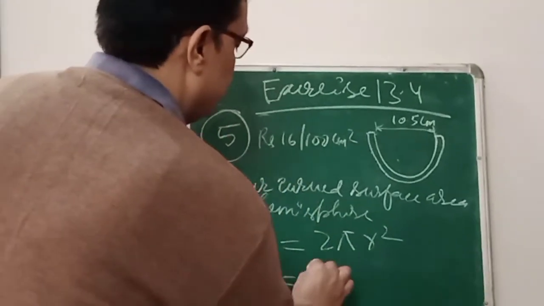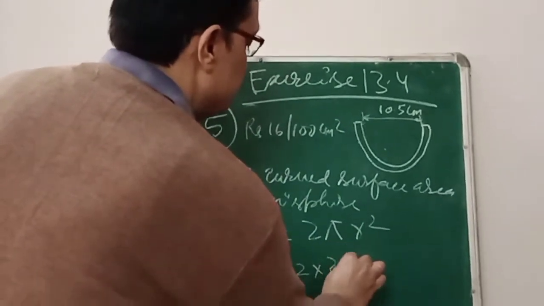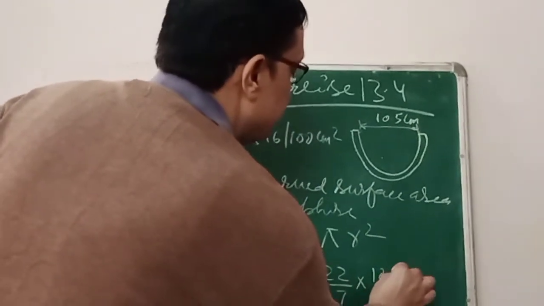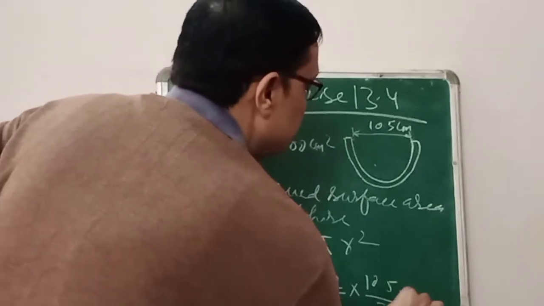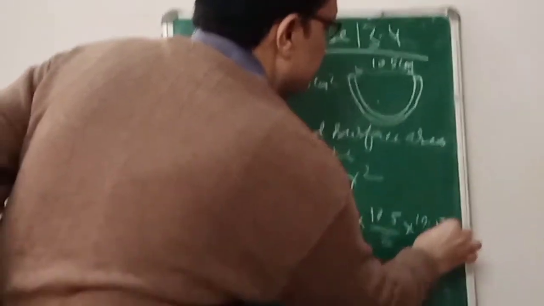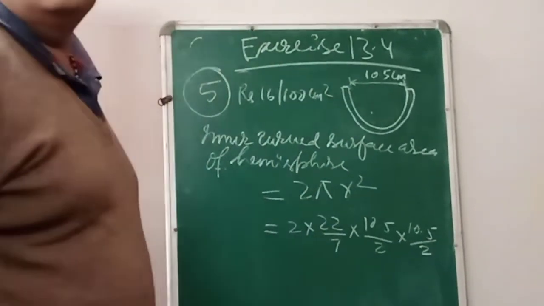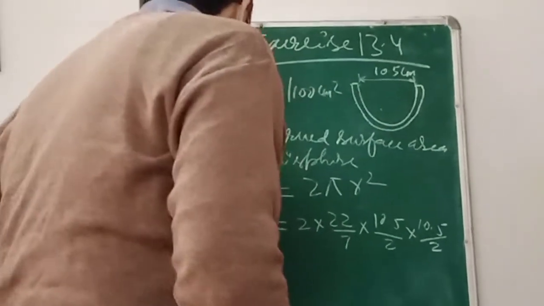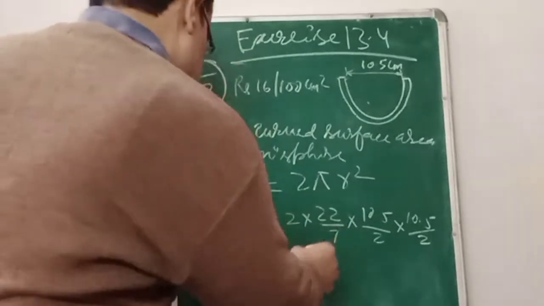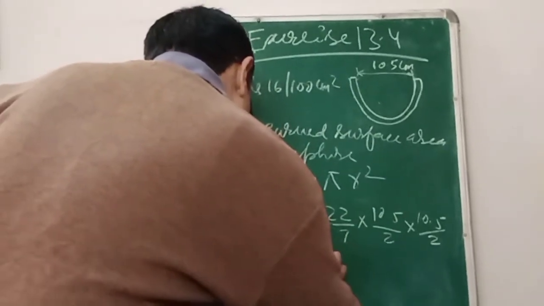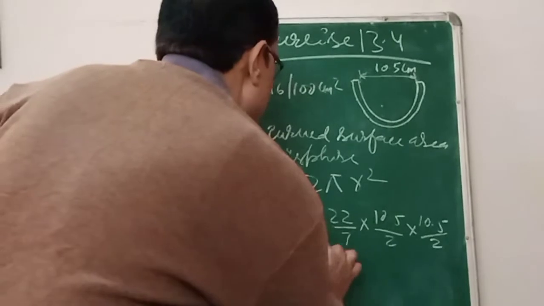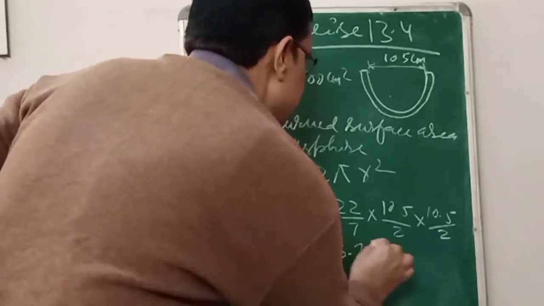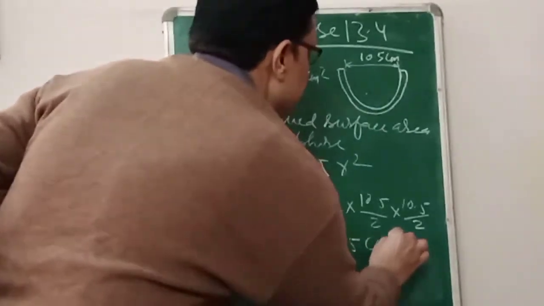So here 2 into 22 by 7 into 10.5 divided by 2 into 10.5 divided by 2, because 10.5 is the diameter. Upon solving this, we will get 173.25 centimeter square.